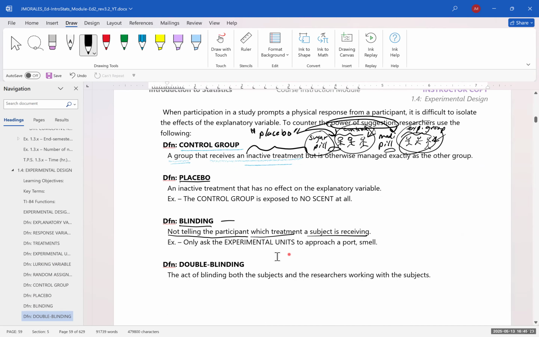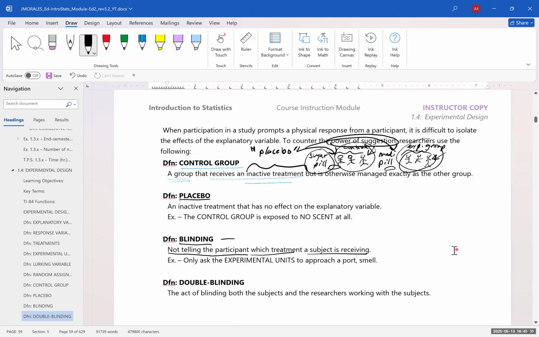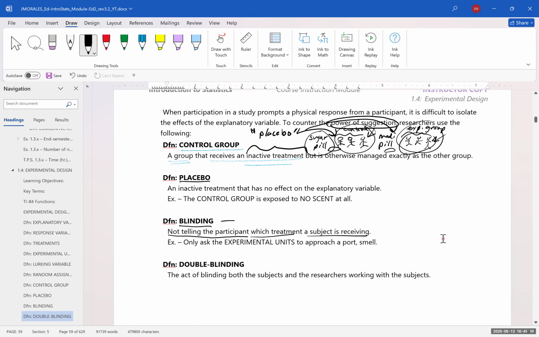Now, double blinding is blinding both the subjects and the researchers, right? Because researchers themselves could be biased. They could be prejudiced, right? And it doesn't have to be prejudice in the way that you think of like racial prejudice. It just could be something where a participant wears a certain perfume or cologne, and the researcher likes that smell. And subconsciously, because they like that smell, they put that person in the experimental group instead of the control group.